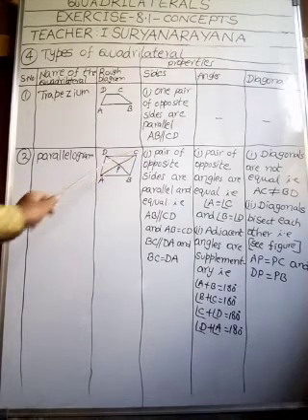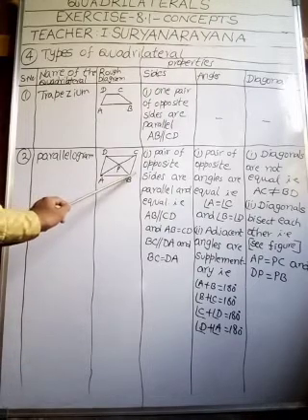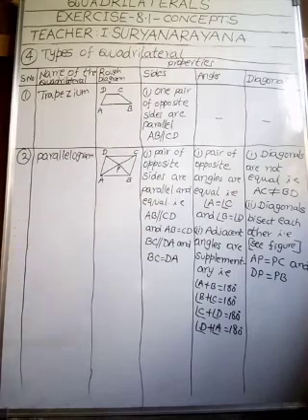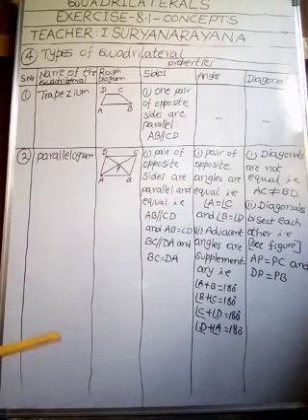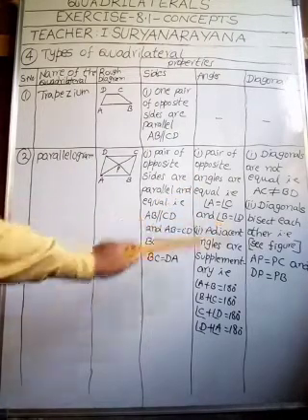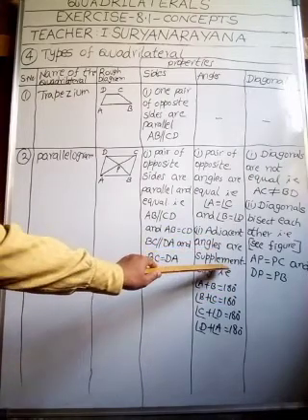These two angles are said to be a pair of opposite angles of a parallelogram. Similarly, angle B and angle D are also a pair of opposite angles, and these two are also equal. Understood this one? Right. Come to the next point. Adjacent angles are supplementary.